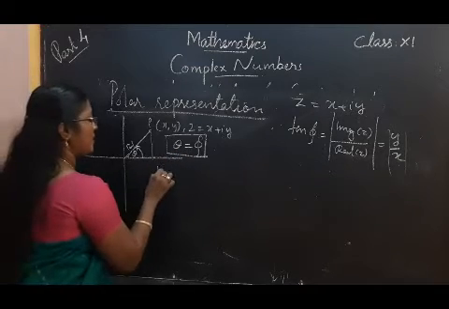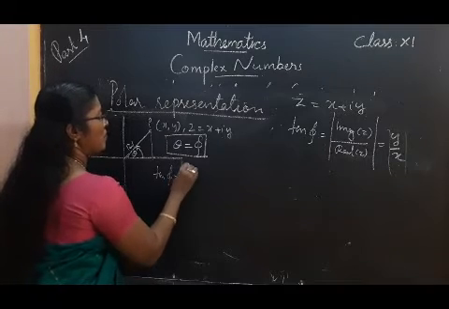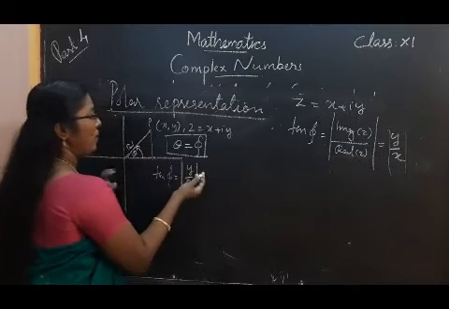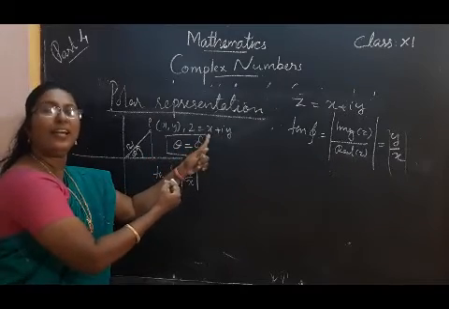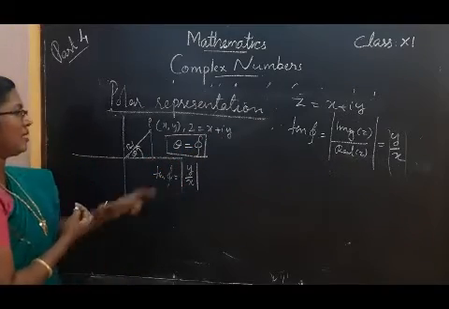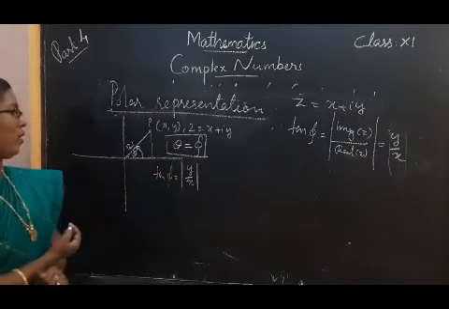The formula is tan phi equals modulus of y by x, or modulus of imaginary of z by real of z.